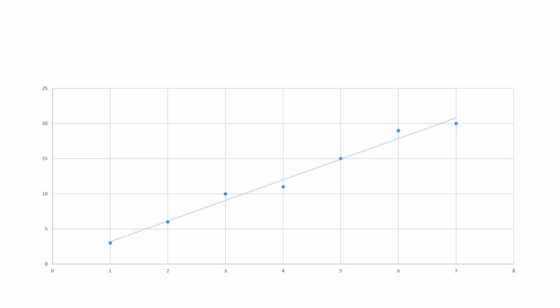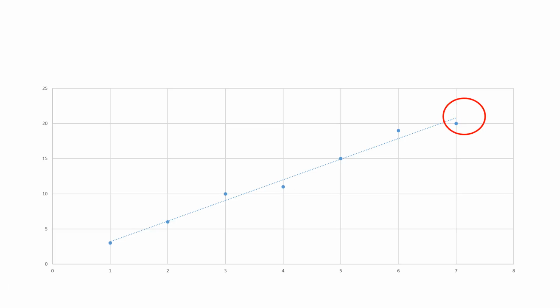Some of our points lie right on the line, 3 of them do, but not all of them. There are 2 points that lie above the line, and there are 2 points that lie below the line. And the points that are above are kind of the same distance from the line as the points that lie below. So the line is going right up the middle of all of our data.